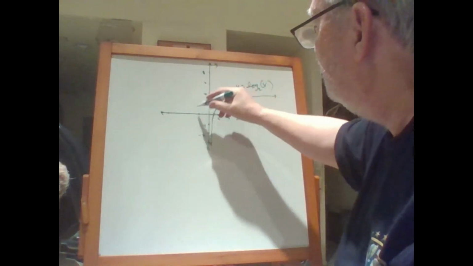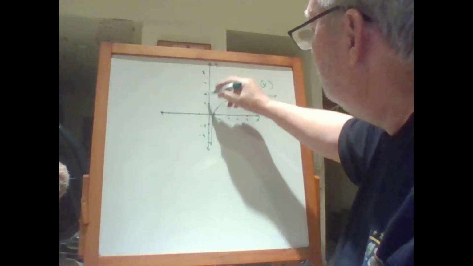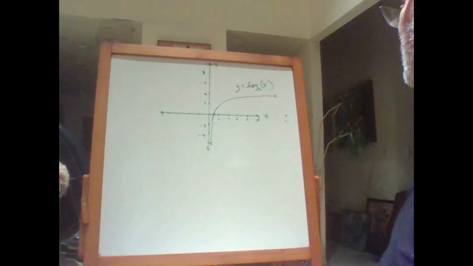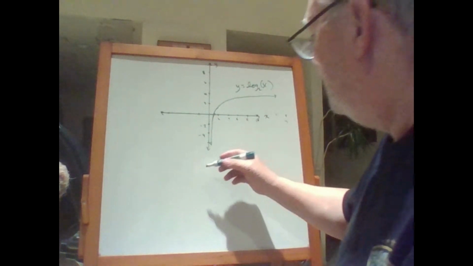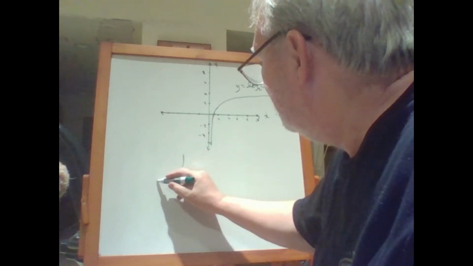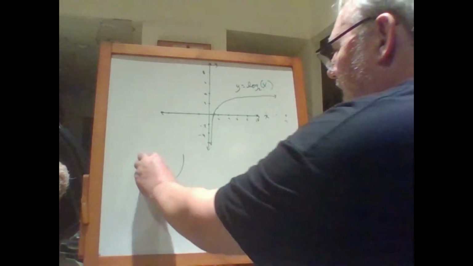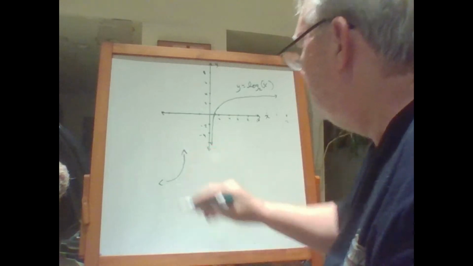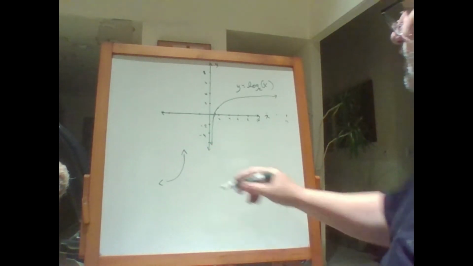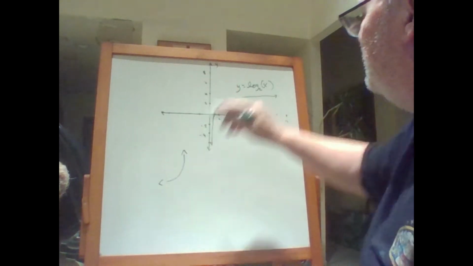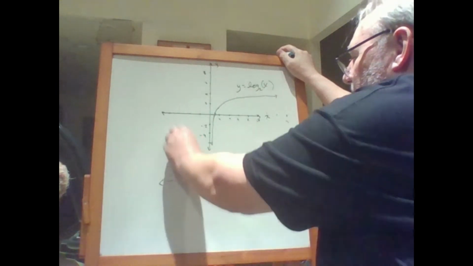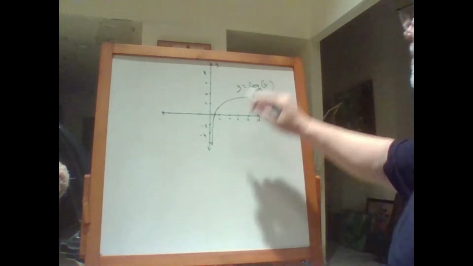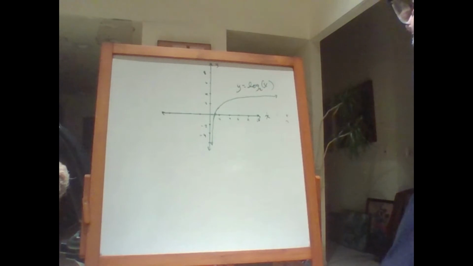So we would have something like that, or kind of like that. It doesn't curve up as much. And again, these are functions that plot forever. As big as you want to make this, it'll continue to plot.